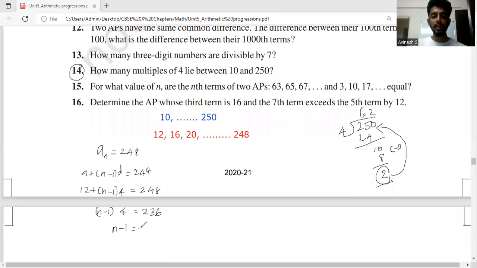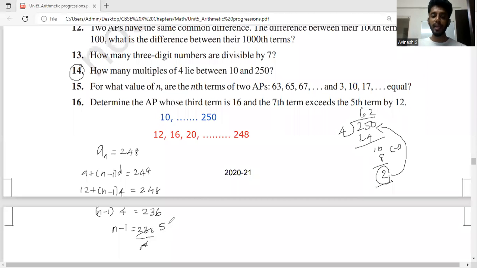So n minus 1 equals 236 divided by 4. So here you will be getting 59, so n minus 1 equal to 59 and n equals 60.